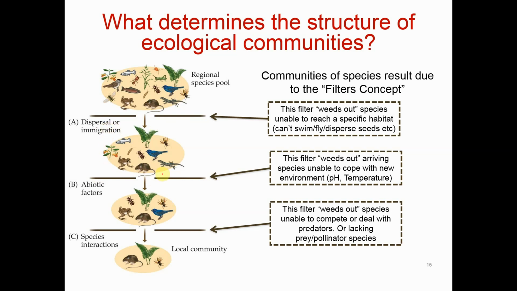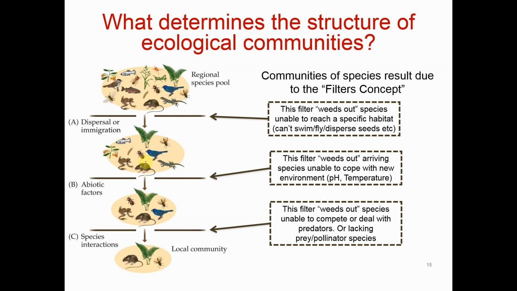From this pool of species, each species then has to pass through the abiotic filter. This filter weeds out any arriving species that is unable to cope with the new environment, i.e. it can't cope with the pH, it can't cope with the temperature. For example, it's either too hot or too acidic.